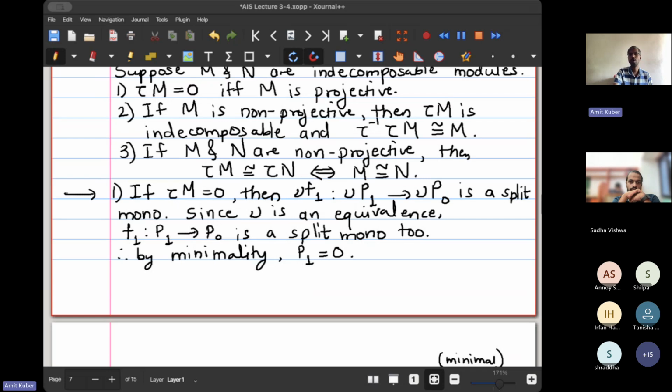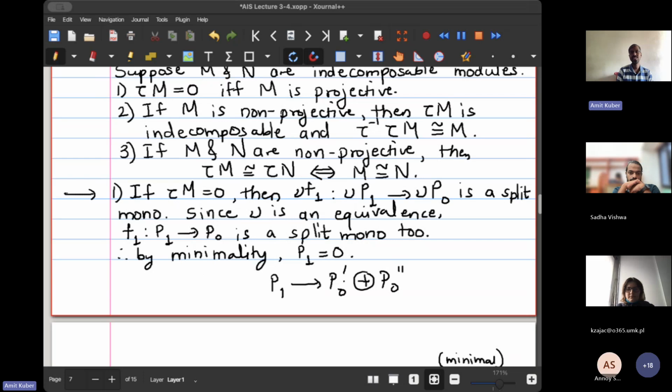But for a split mono, by minimality, when can that happen? By minimality, P1 has to be 0 to begin with. Otherwise, because it's split, you can factor out some other part. I mean, is this part clear? What I'm saying is this. So P1 to P0 is a split mono, which means P1 to P0' direct sum P0''.